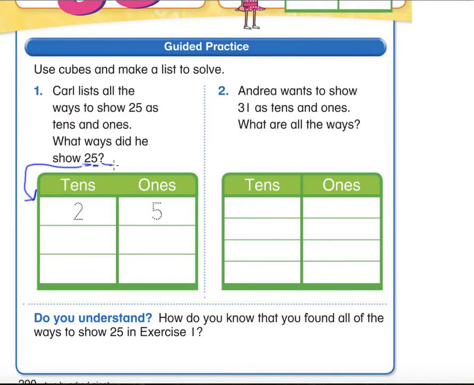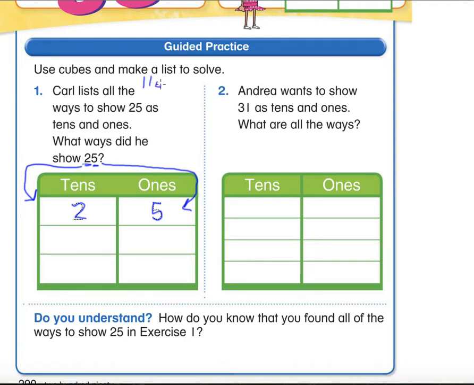And then they took the ones place, and they just also popped it right over here for us. All right? So it has 2 10 rods, and it has 5 ones cubes.